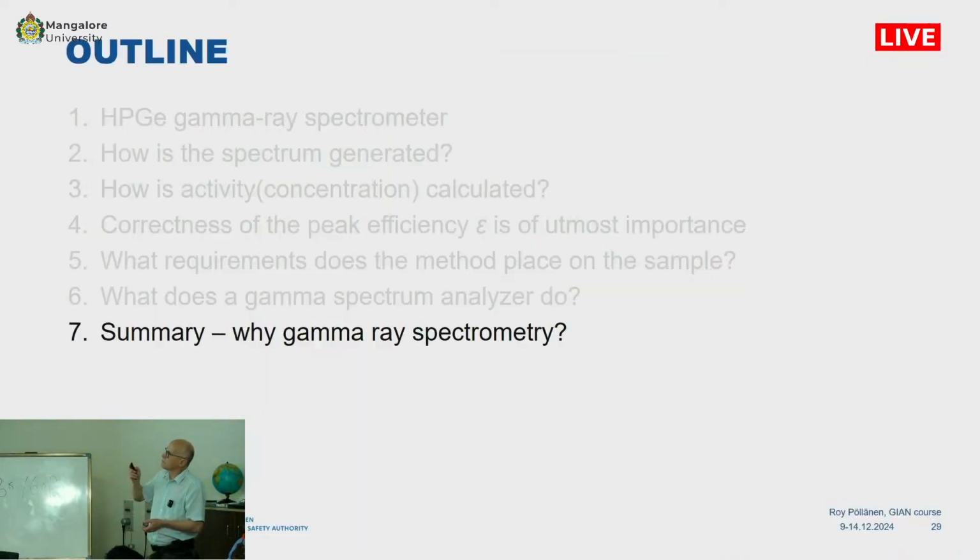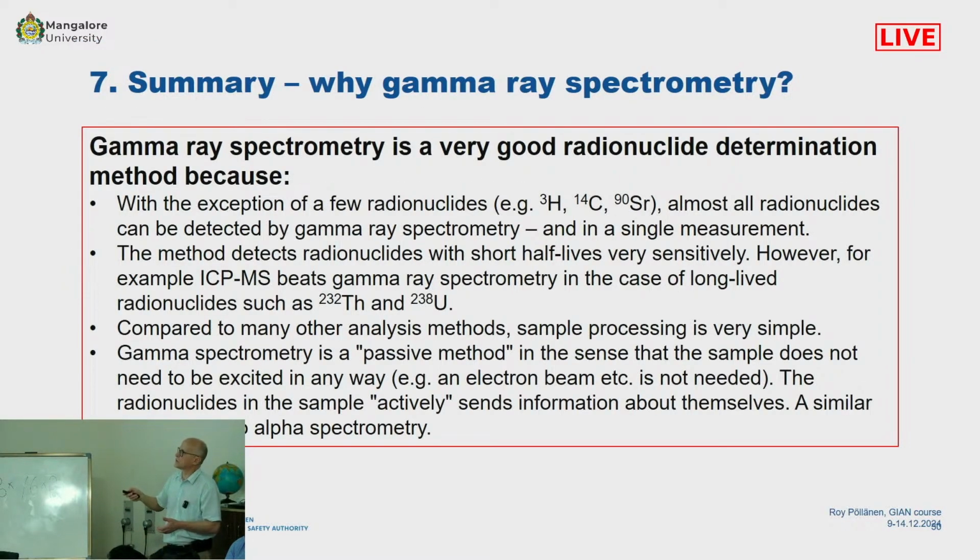All right. So, one slide summary. Why gamma spectrometry? It's a good determination method because, with the exception of a few radionuclides like tritium, carbon-14, strontium, almost all radionuclides can be detected by gamma spectrometry and by using just a single measurement.